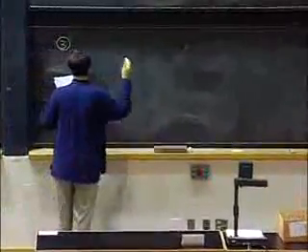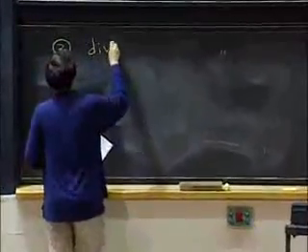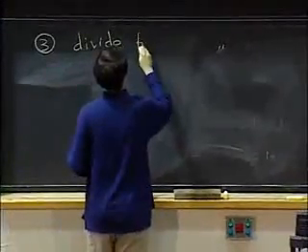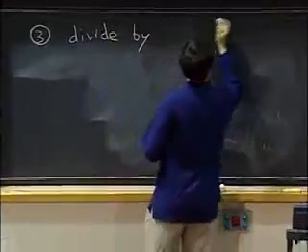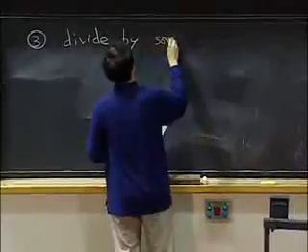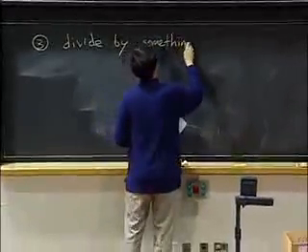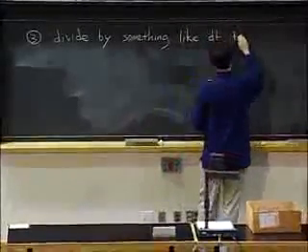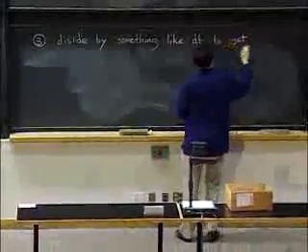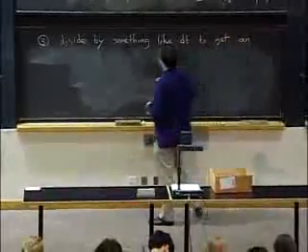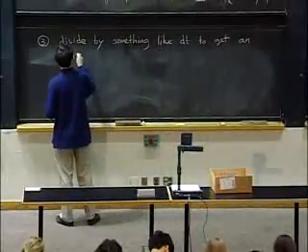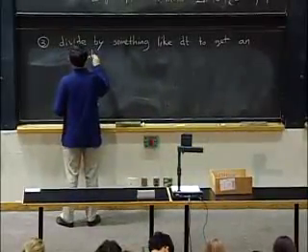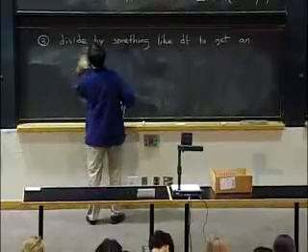Okay, so the first thing we can do is divide by, say, something like dt to get a rate of change.